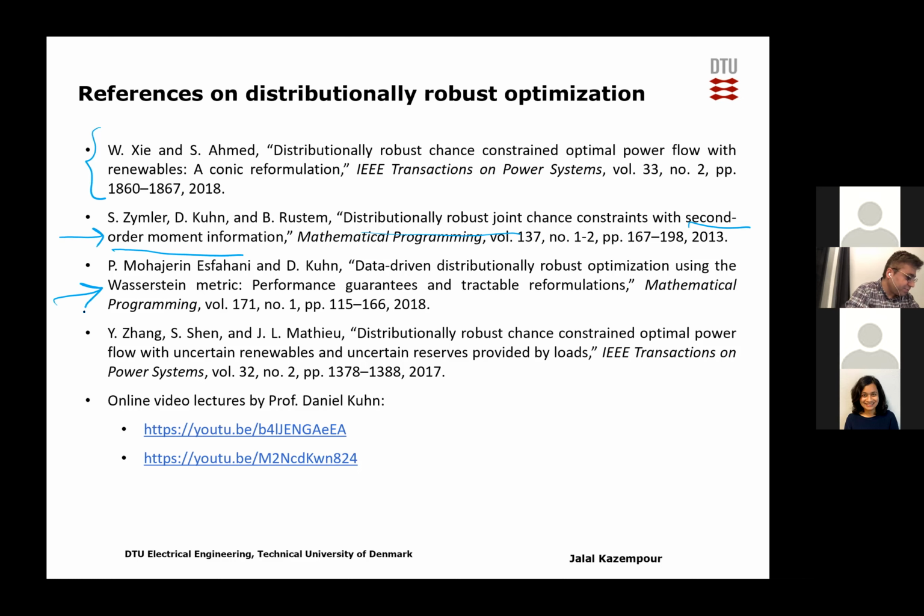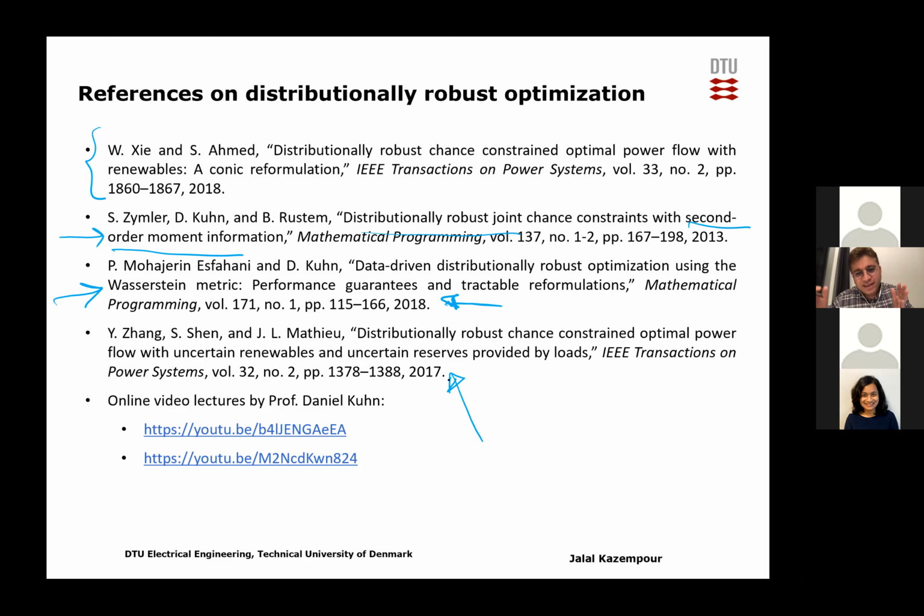This is a very nice paper about metric-based, Wasserstein-based DRO that ended up in a tractable formulation. This is, again, a very nice paper about moment-based DRO with inexact moments. Sometimes you say that, okay, my mean and covariance are this, but I'm not sure about that, so I allow my moments to be violated.